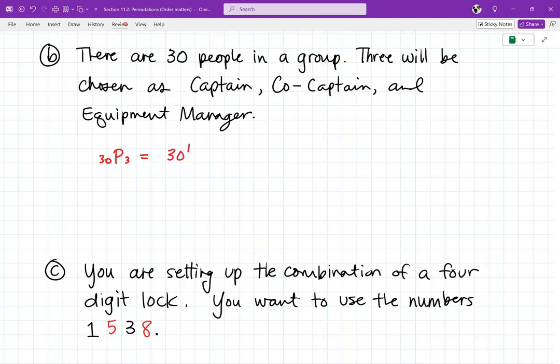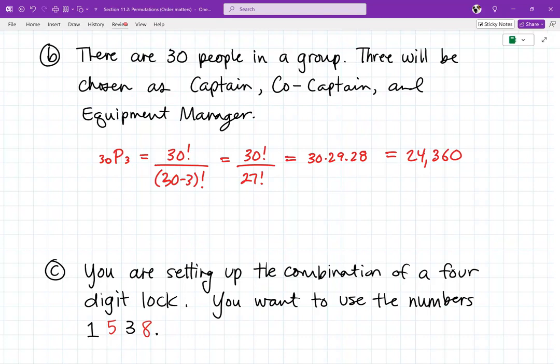That's going to be 30 factorial over 30 minus 3 factorial, which is 30 factorial over 27 factorial. So that's basically 30, 29, 28. This basically comes out to 30 times 29 times 28 if you cancel everything out, which is 24,360.